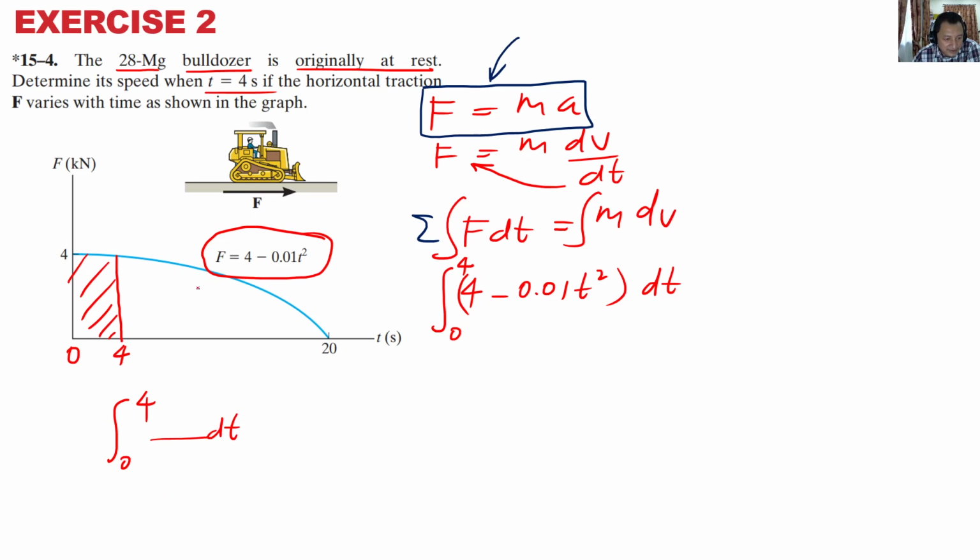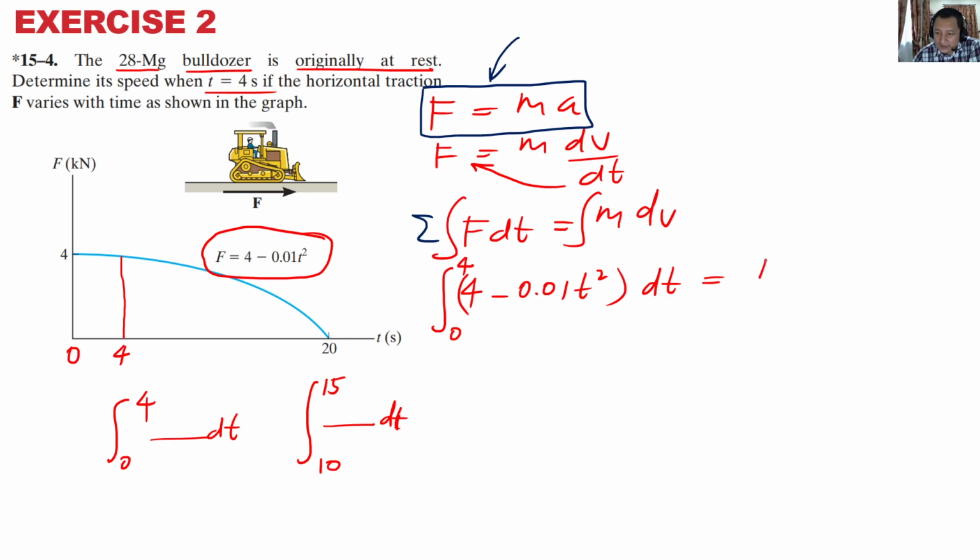If later on I want you to find this one, let's say from 10 second until 15 second, then what you do is integrate from 10 until 15 dt. So this is what limits is all about. You are analyzing at the location of your interest. Currently, 0 until 4.